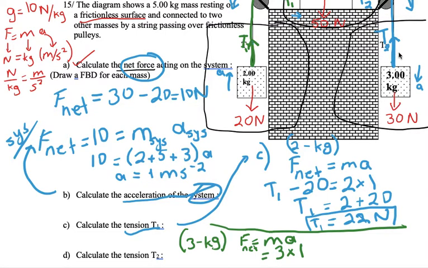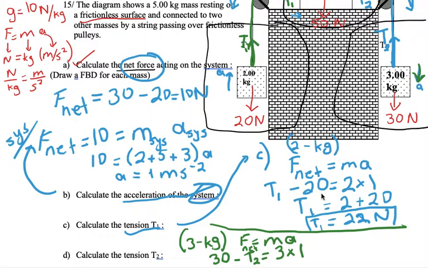So among these two acting on the 3 kilogram alone, 30 or T2, which one is winning? If it's accelerating downward, the downward force must be winning. So I'm going to write winner minus the loser. And there is my equation for T2.